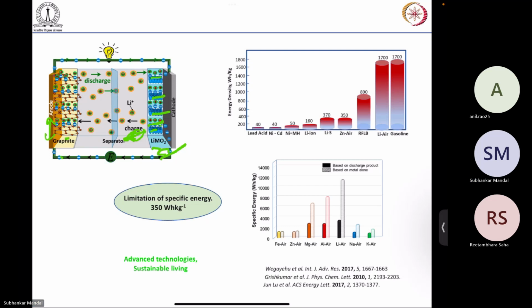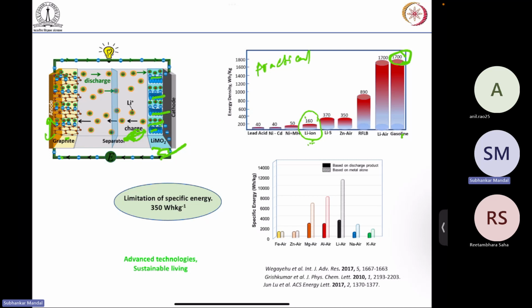But this lithium ion battery has some limitation. Although it is commercially available, the energy density of the lithium ion battery is quite low compared to other things. Why are people using gasoline? Because the gasoline energy density is 1700, but for the lithium ion battery, the practical energy density is 160.